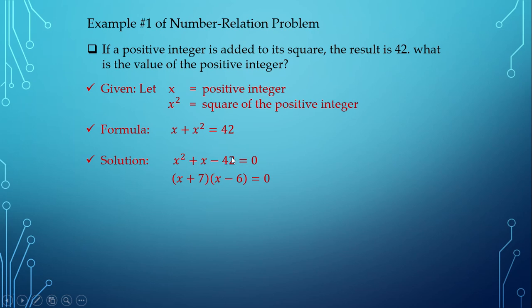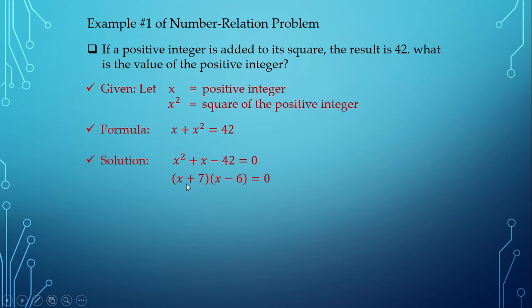I get the factors of 42 as 7 times 6, positive 7 and negative 6. 7 minus 6 is positive 1. This is the sum. If there is no number in front of the variable x in plus x, it is an imaginary 1, so it is always plus 1x or plus x. Okay, 7 minus 6 is 1. 7 times negative 6 is negative 42.